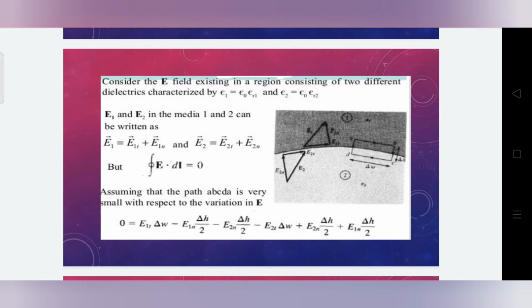E1 is equal to E1t plus E1n and E2 is equal to E2t plus E2n, where t means tangential.